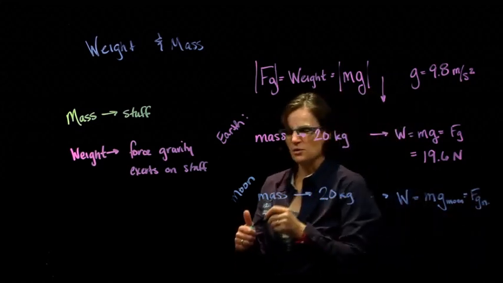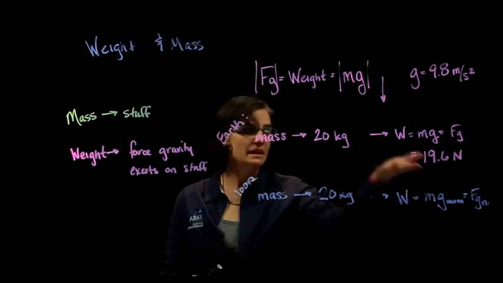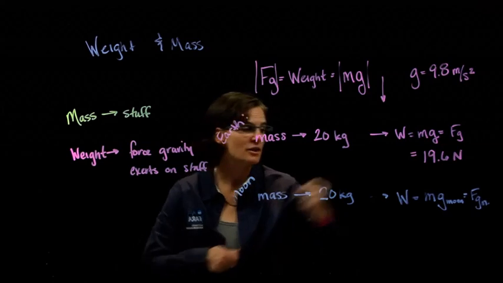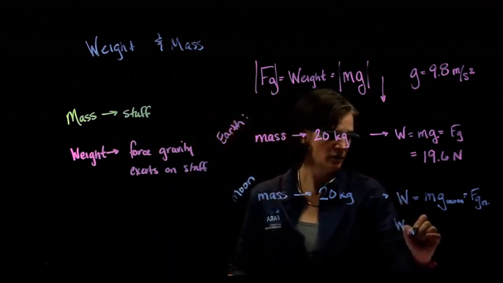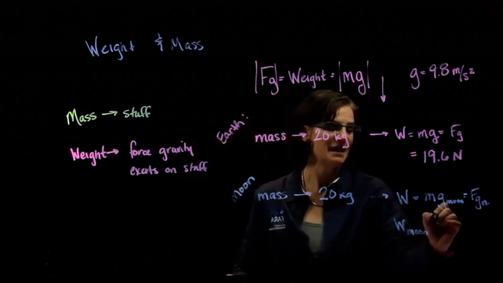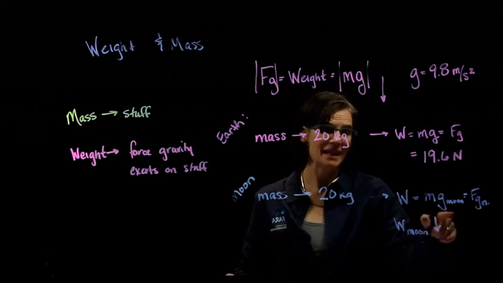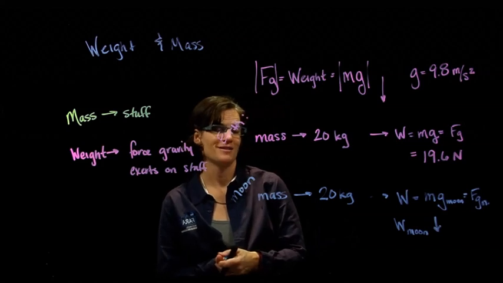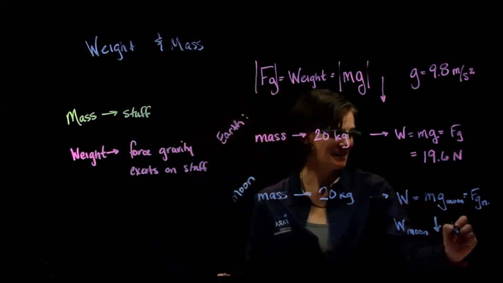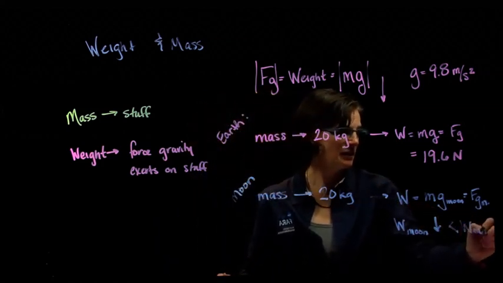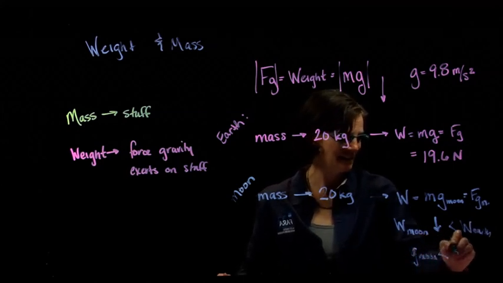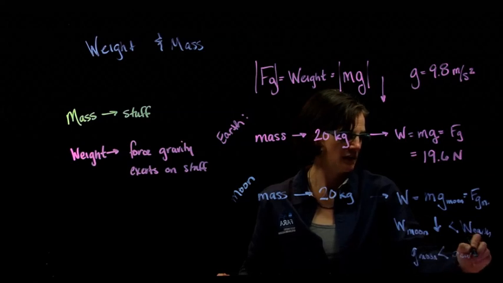Gravity on the moon is about 1/6 of the gravity on the Earth, and so the weight on the moon is lowered. It's less than the weight on Earth because gravity on the moon is less than gravity on the Earth.